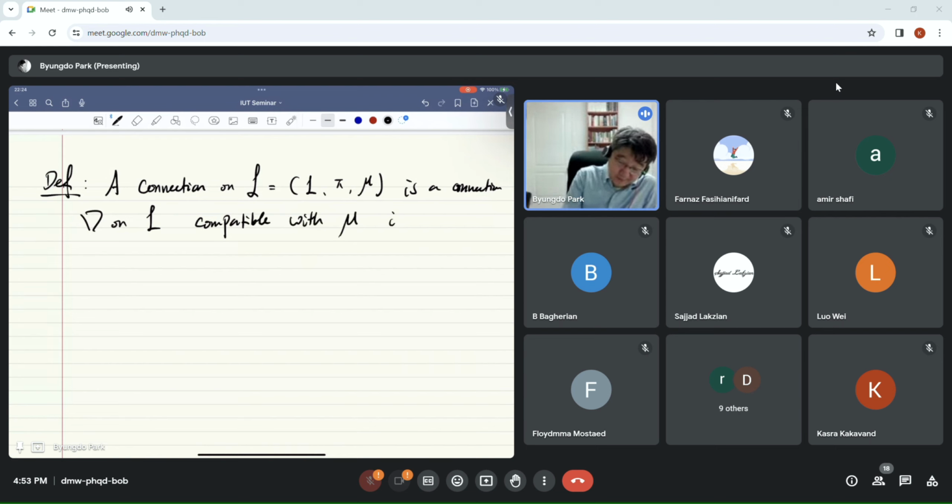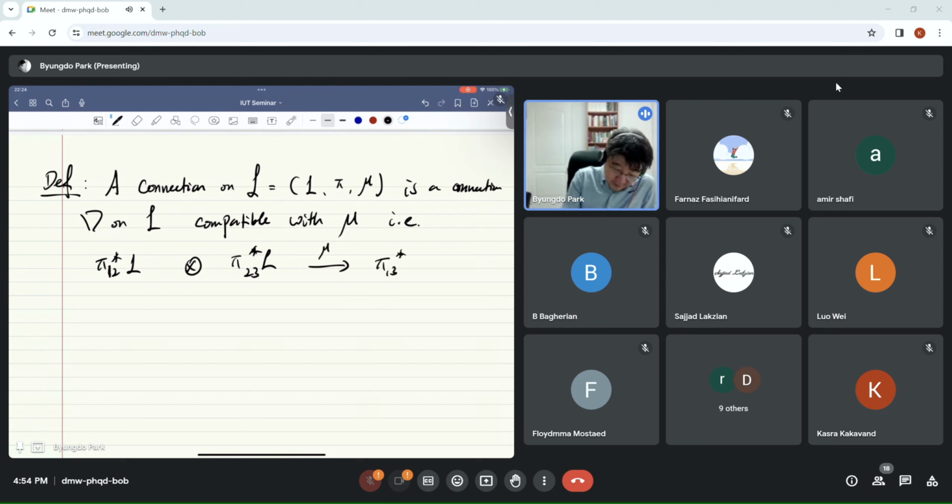So what does that mean? This pi 1,2 pullback of L, this pi 2,3 pullback of L, then there's this map mu to pi 1,3 pullback.